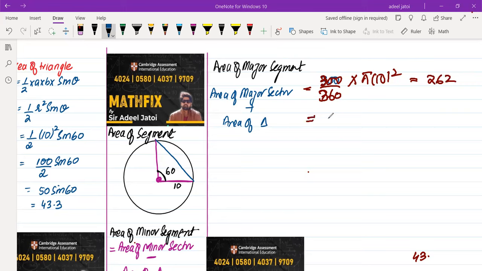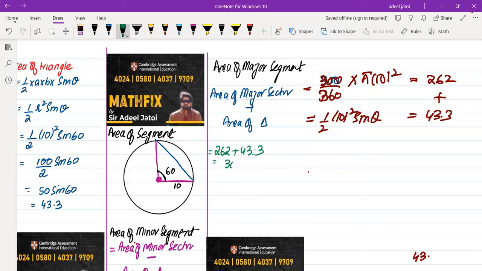And the area of the triangle that we calculated through half r squared sine theta, 10 square sine theta, was 43.3. So we'll be adding them: 262 plus 43.3, the answer will be 305.3.